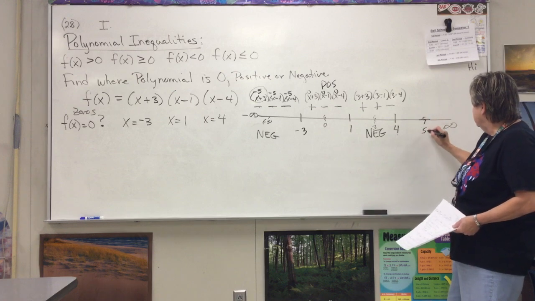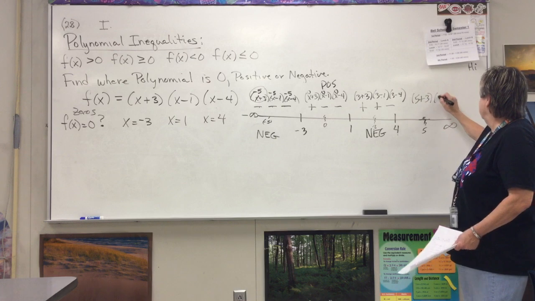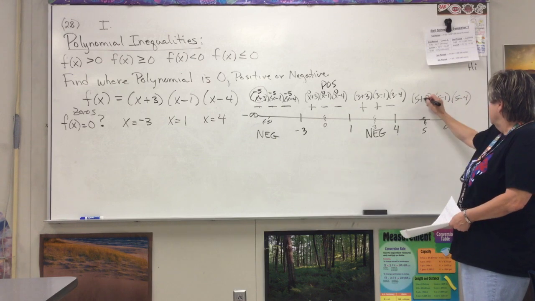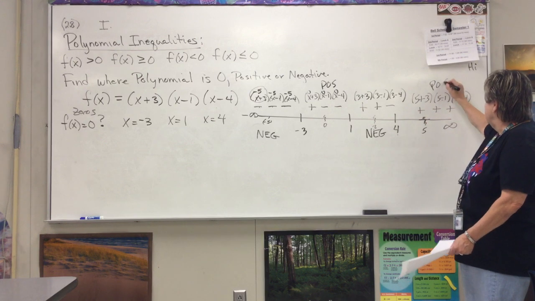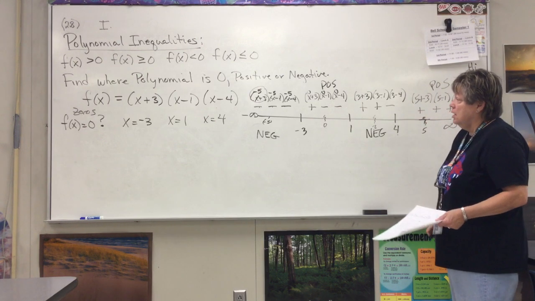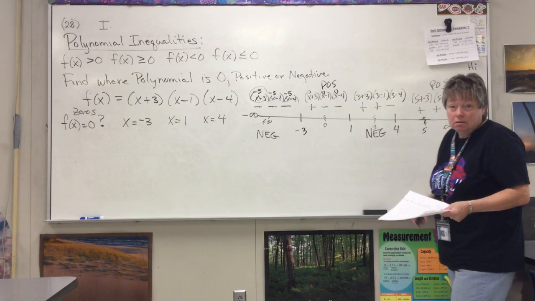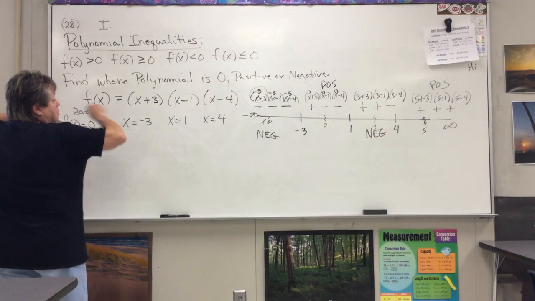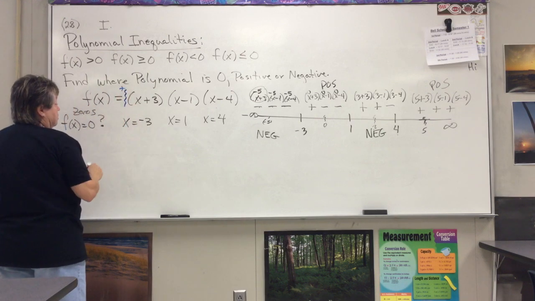Okay, I'll pick my 5 again just because I like 5s. So 5 plus 3, 5 minus 1, 5 minus 4. So we have a positive and a positive and a positive. Well, that must be positive, okay? So how does that work out as far as our leading coefficients and all these other little rules we know? Well, my leading coefficient up here is a 1, and it's positive, okay?